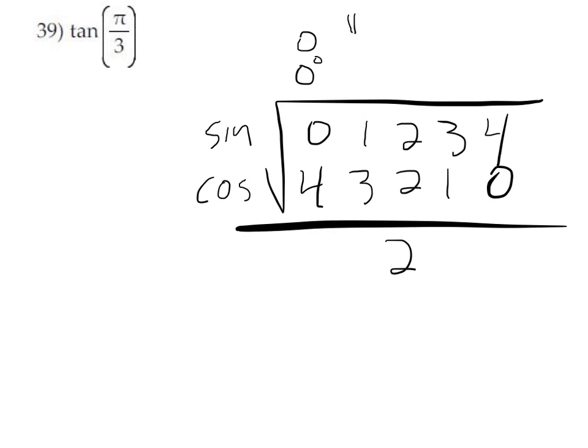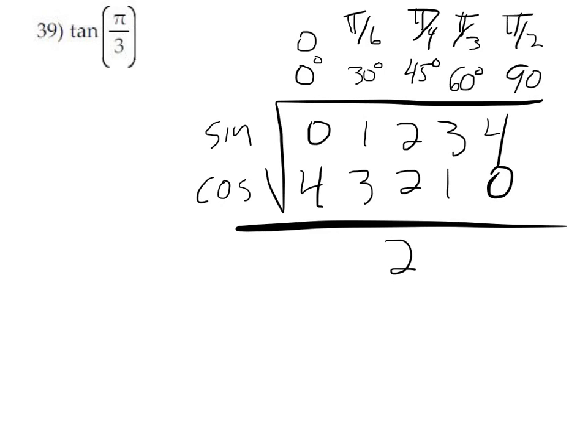This is pi sixths, or 30 degrees. This is pi fourths, or 45 degrees. Pi thirds, or 60 degrees. And finally, pi halves, or 90 degrees.